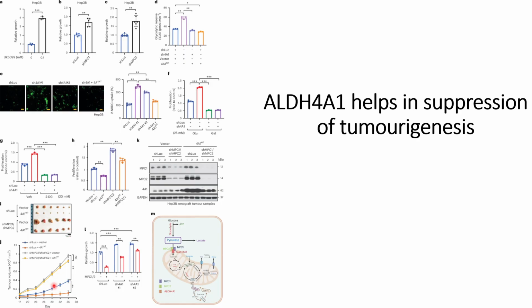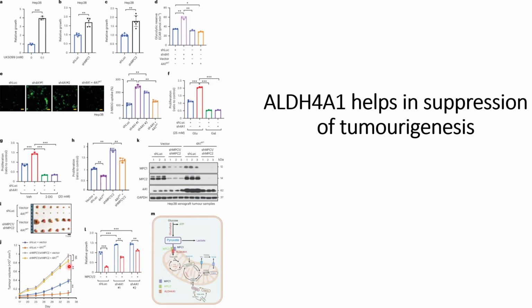And they have quantified these in panel J, where the time-dependent results are shown. We can see that in the case where MPC1 and MPC2 are knocked down and ALDH4A1 is at base levels, not overexpressed, they see a high tumor volume.